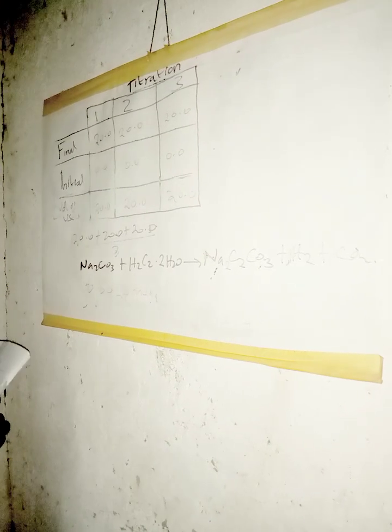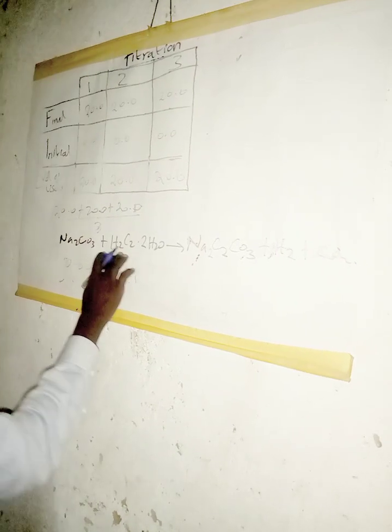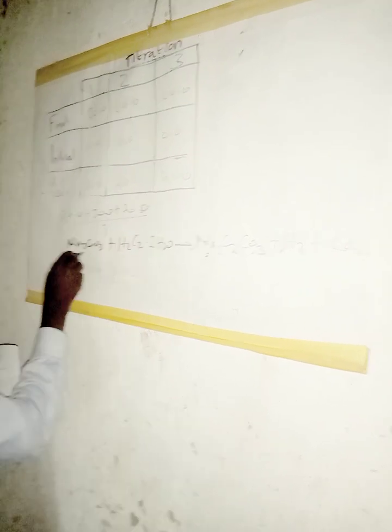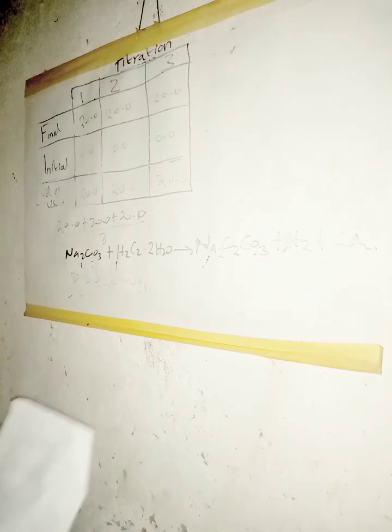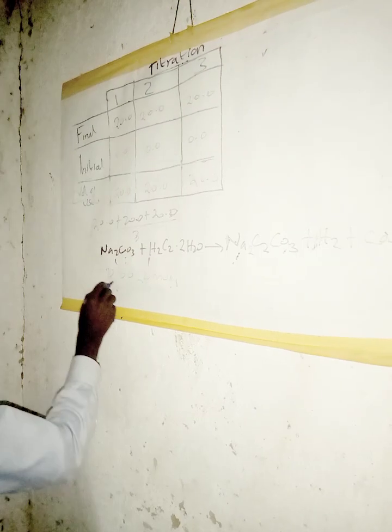That one is the moles of sodium carbonate. So it means that the moles of oxalic acid is also this one, because the mole ratio is 1:1. Are we together?